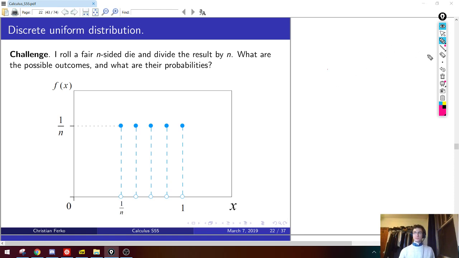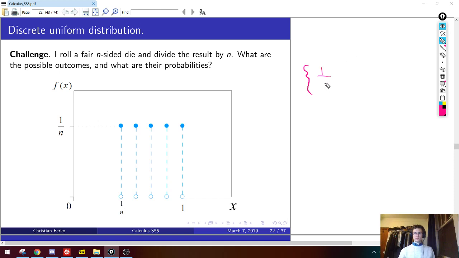Just list them. We write the list as the set of numbers 1 over n, such that n is greater than or equal to 1 and less than or equal to... Wait, no. Yeah, don't use n twice. Let's see.